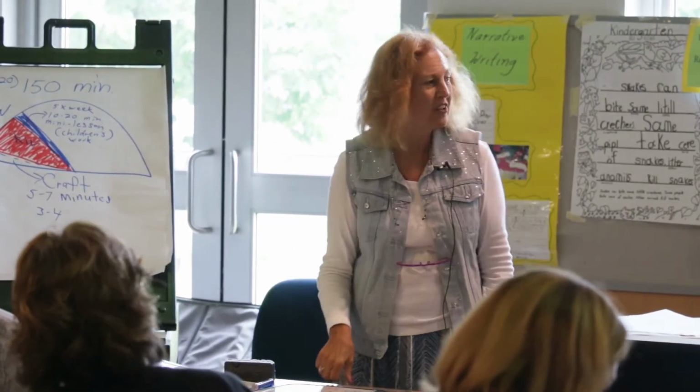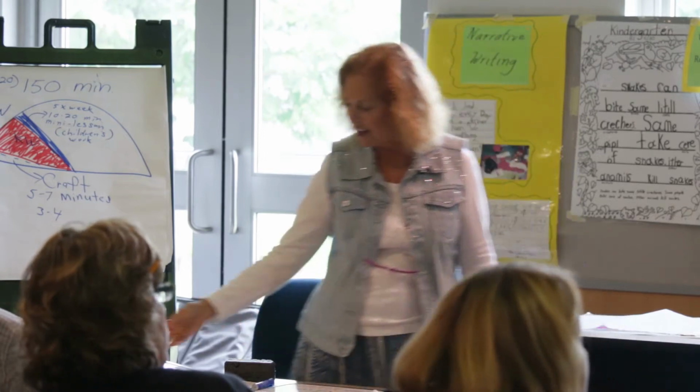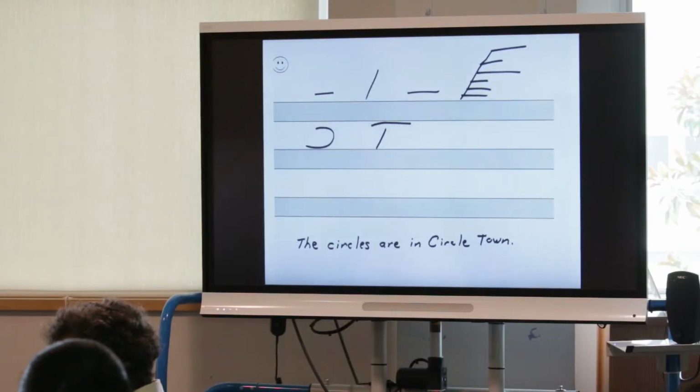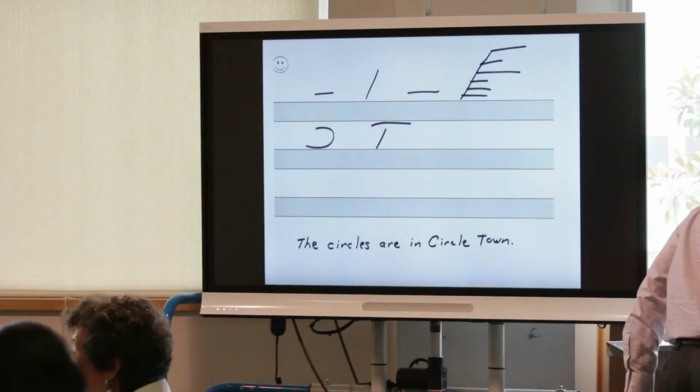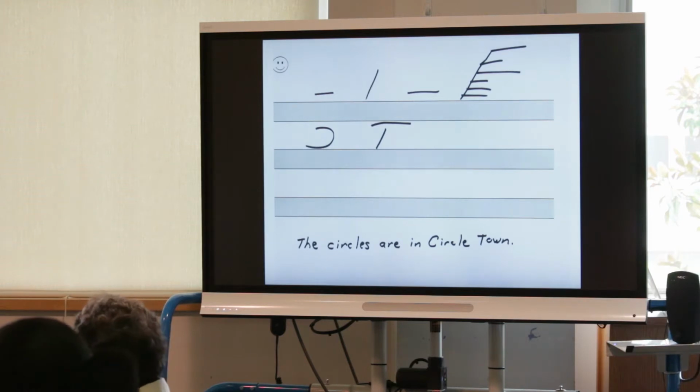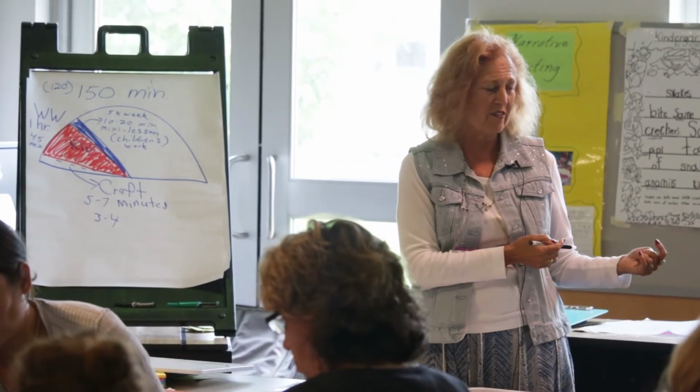So, let's put up circles live and circle down. What I look for, ideally, is 2 praises and a push. So the 2 praises would be two elements that the writer at hand has done well, that I think the other children will benefit from.